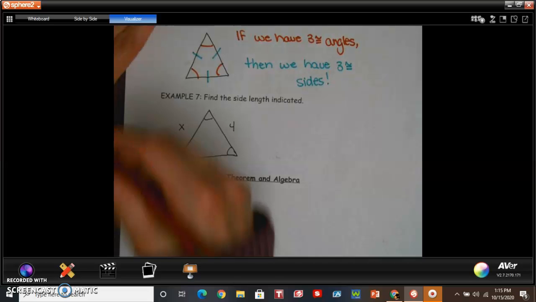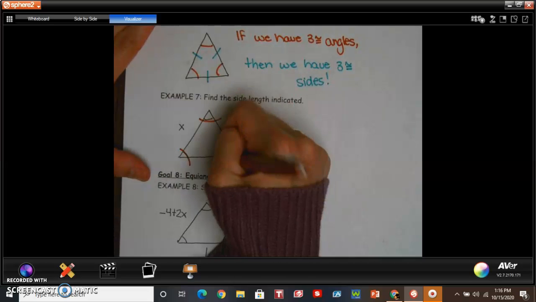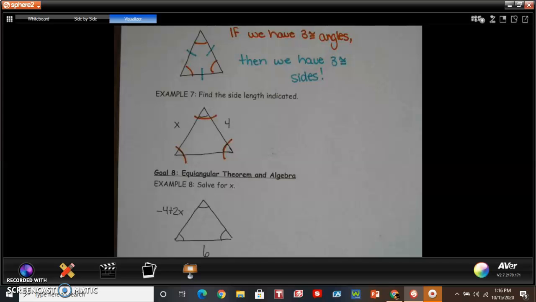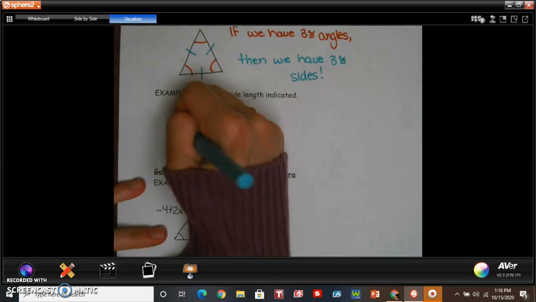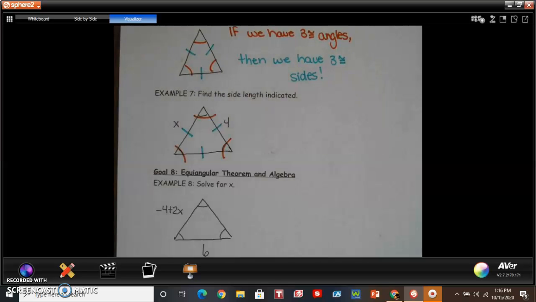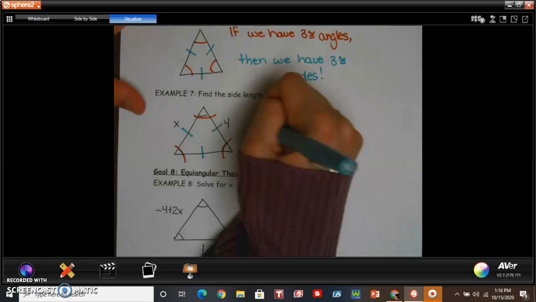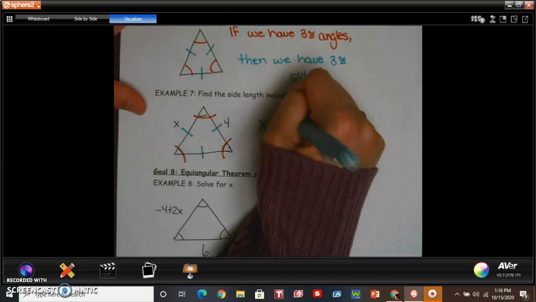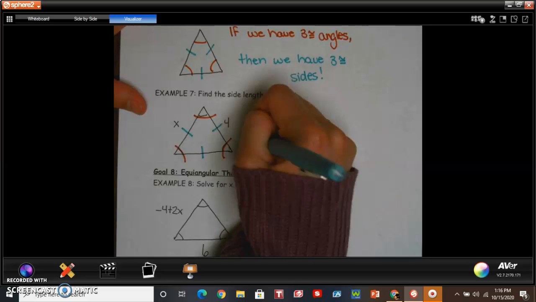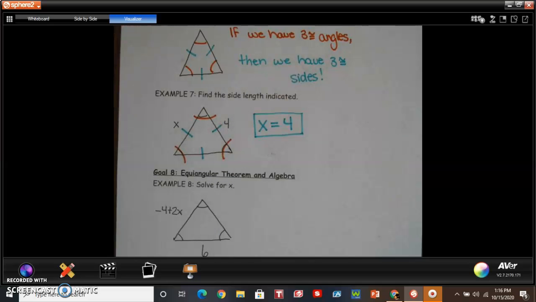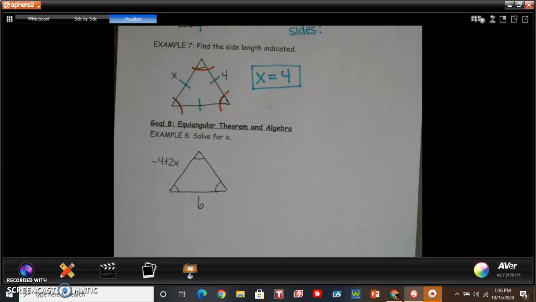So here's what we know. We're told here that we have 3 congruent angles. We know that because they all have the same number of arcs, which means we have 3 congruent sides. So we can already tell what x is going to be equal to. Yes, x equals 4. All right, let's look at example 8.